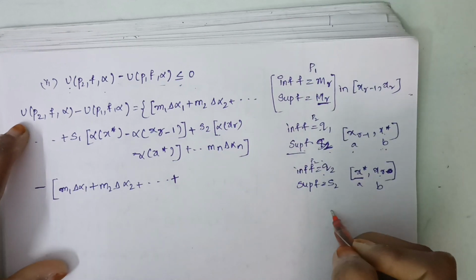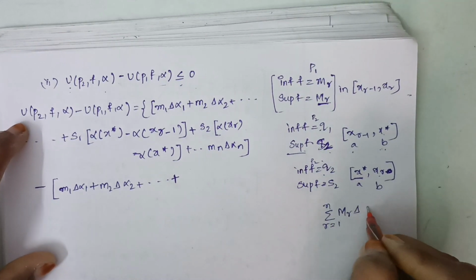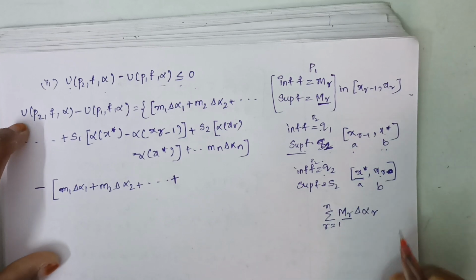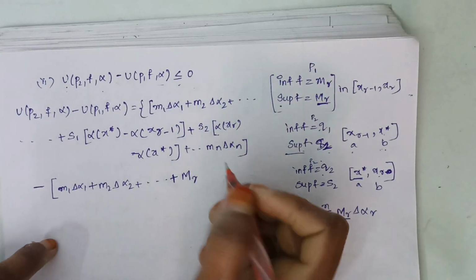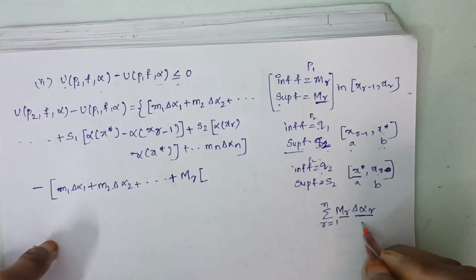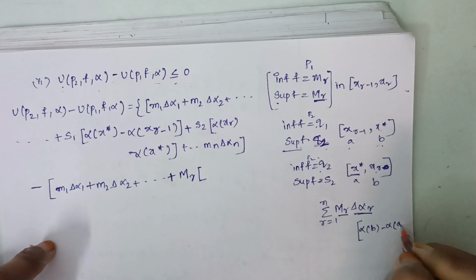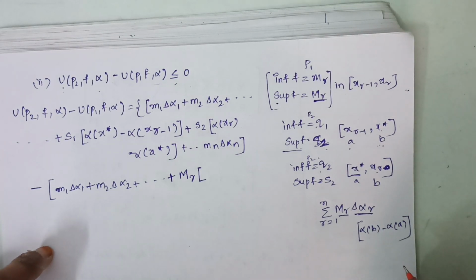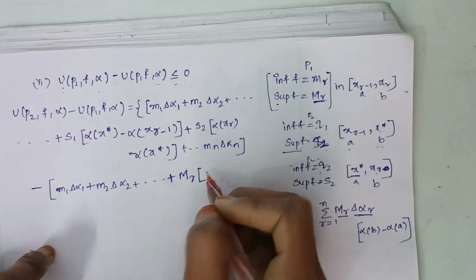The upper RS sum formula is summation r equals 1 to n, MR delta alpha r, right? Capital MR, supremum. So capital MR into alpha, this is nothing but alpha b minus alpha a. Therefore, this is a, this is b.